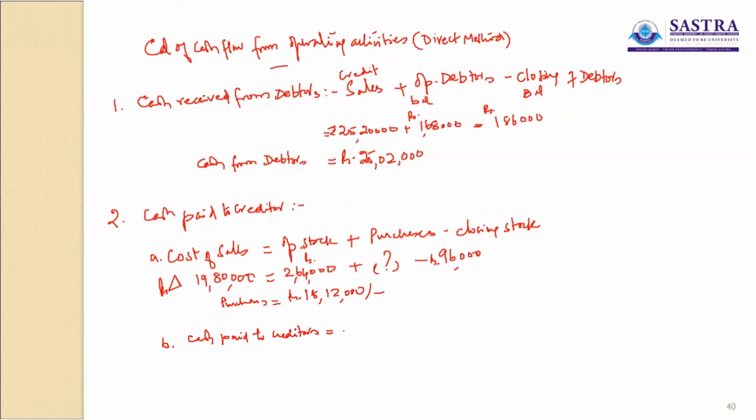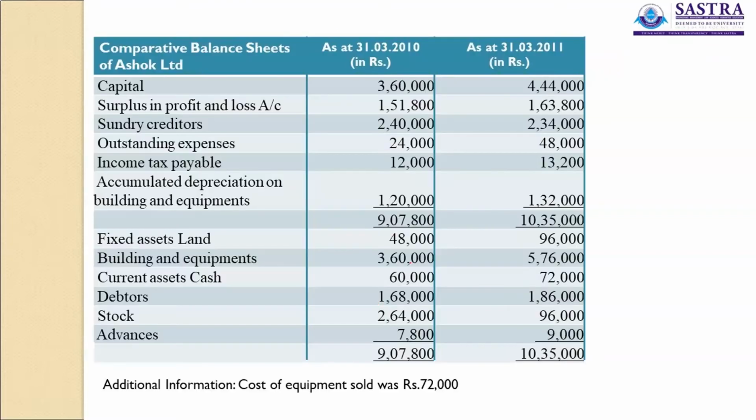The equation is opening balance of creditors plus purchases minus closing balance of creditors. Opening balance of creditors as per the balance sheet is 2,40,000, and closing is 2,34,000.